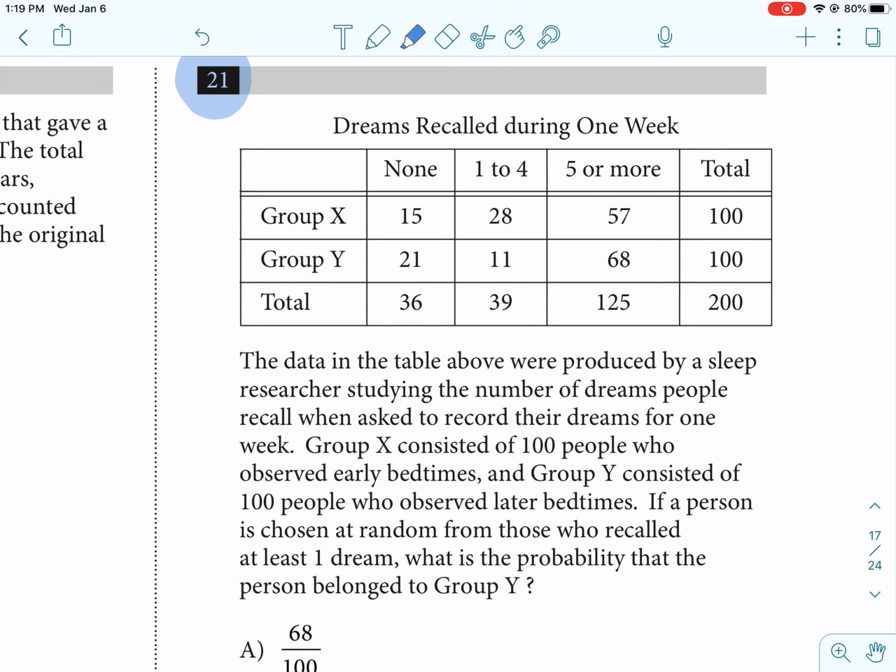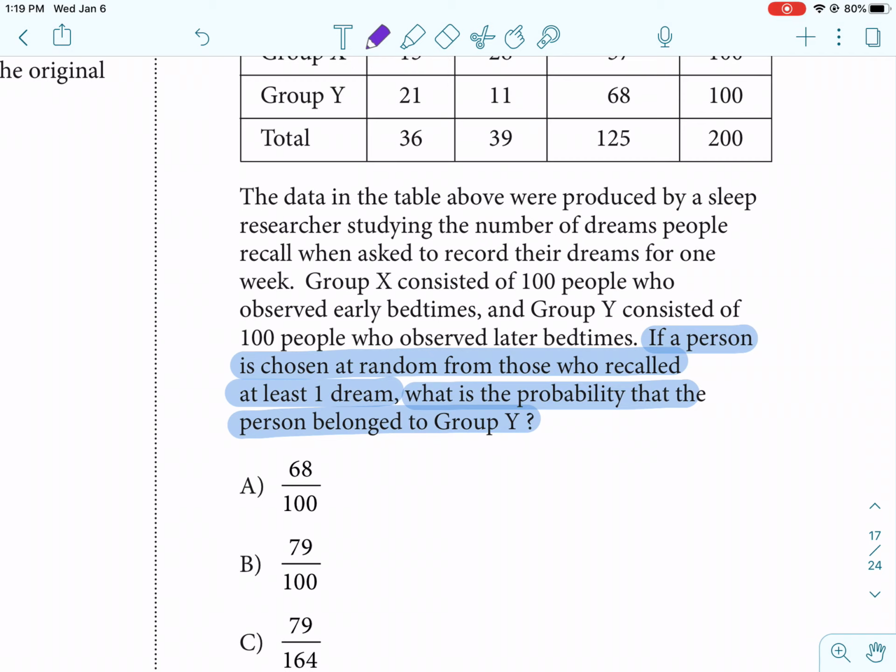So let's get down to what they're actually asking me here. If a person is chosen at random from those who recalled at least one dream, what is the probability that the person belonged to group Y? Let's break that down. We first want to identify how many people recalled at least one dream.